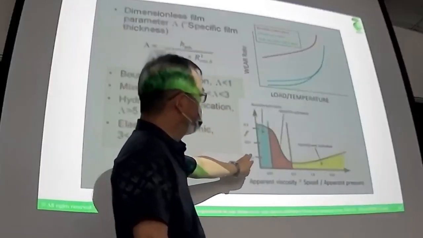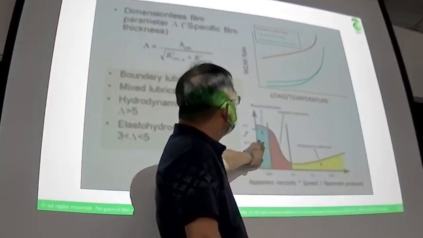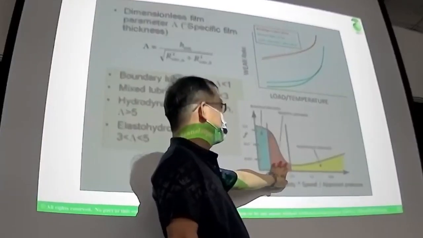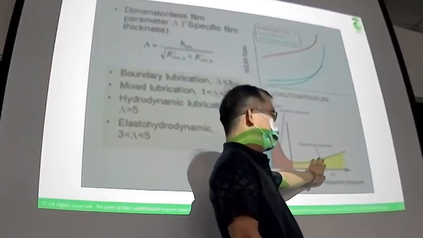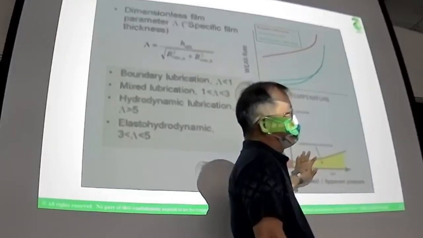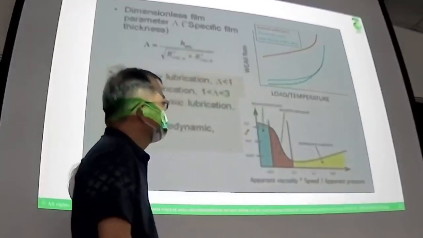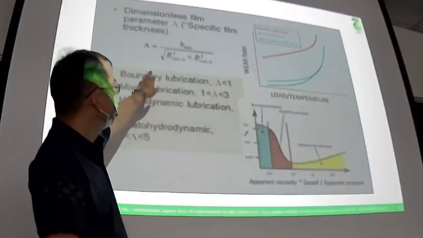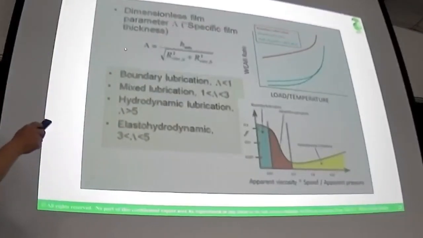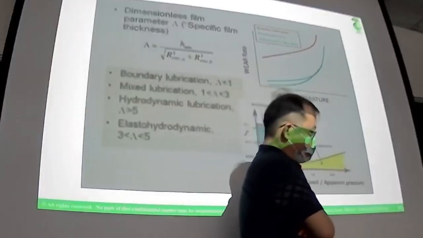You have boundary lubrication in blue color, and you have mixed lubrication in red color, and then you have electrohydrodynamic lubrication or full film lubrication in yellow color. Okay? So it all depends on this specific film thickness.